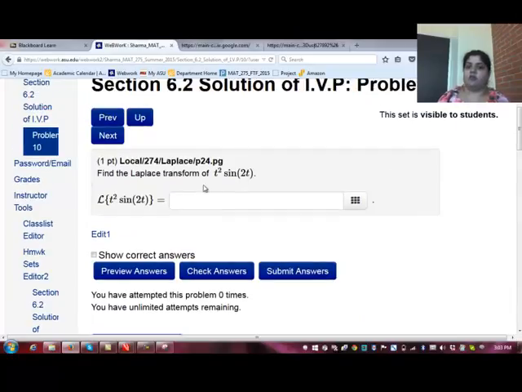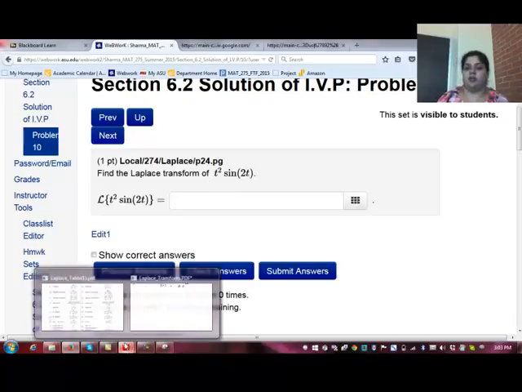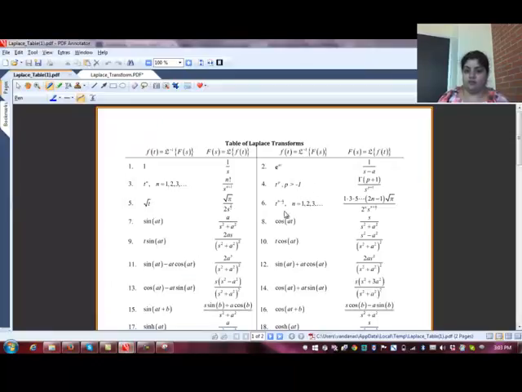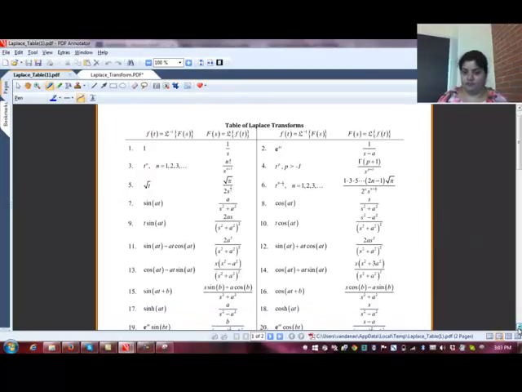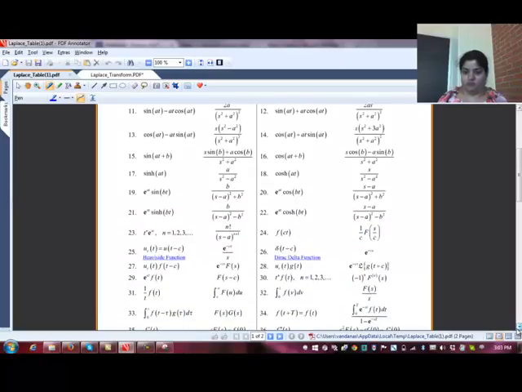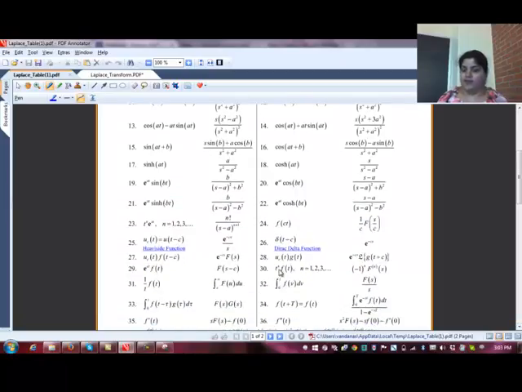Here, maybe a little different trick. You can use this: t to the power n times a function. T to the power n f(t) Laplace transform is (-1)^n times the derivative of F(s), the Laplace transform of f(t).